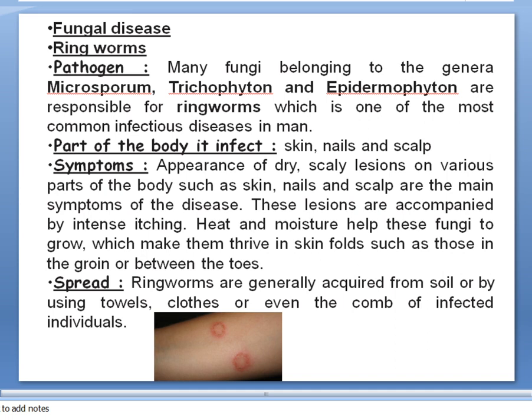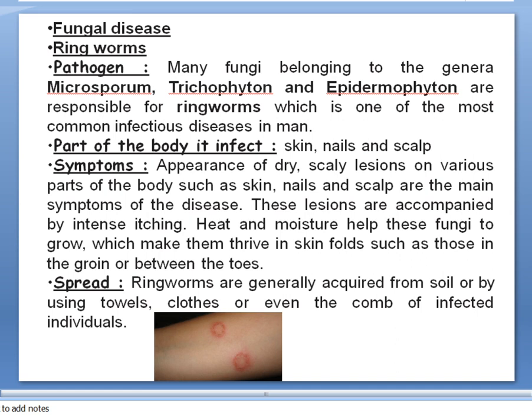These are the three fungi which cause ringworm disease. Actually, ringworm is a wrong name, because it is not caused by a worm, it is caused by fungi. But the name remained like that till now. So we have a practice of calling this disease ringworm. Medically it is called tinea.